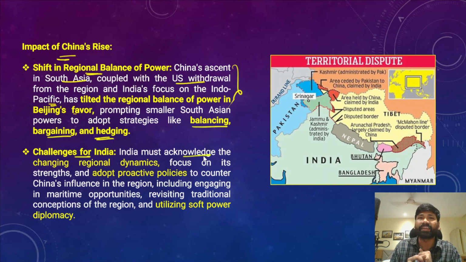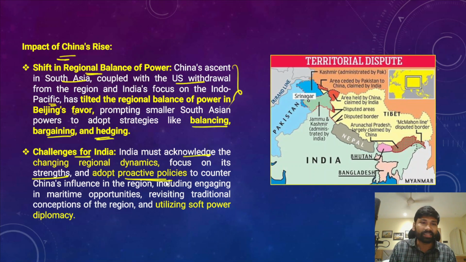This is a reality now, and India must adopt a pragmatic foreign policy in this respect. We must identify the changing regional dynamics in the South Asian region, focus on our strengths, and adopt proactive policies to counter Chinese influence in the region.